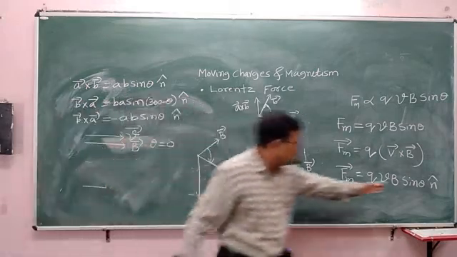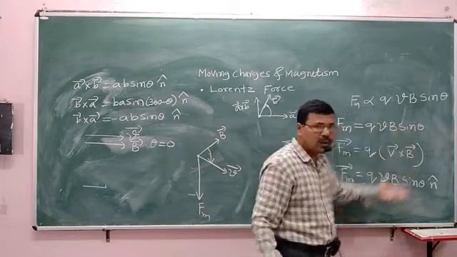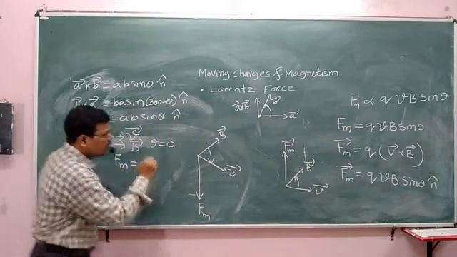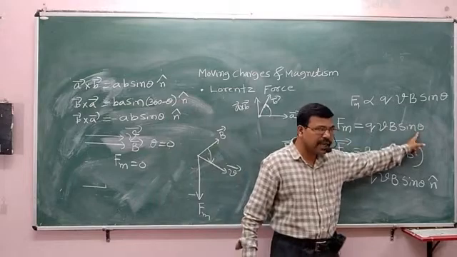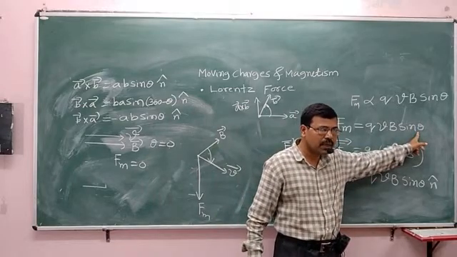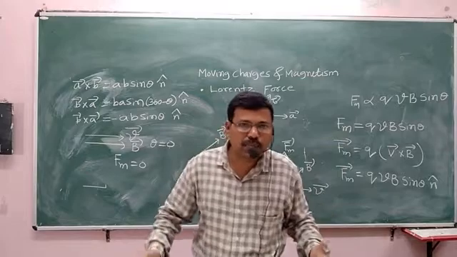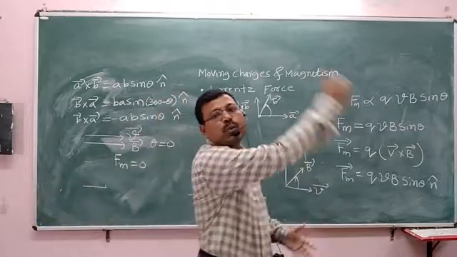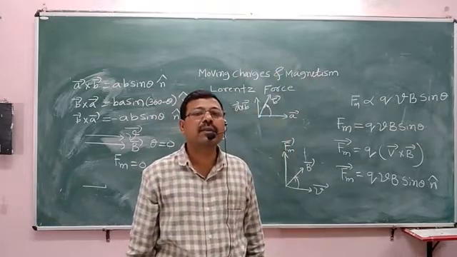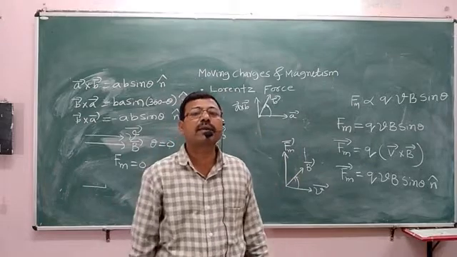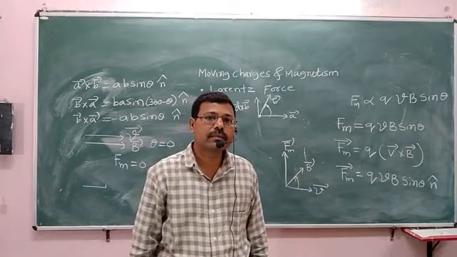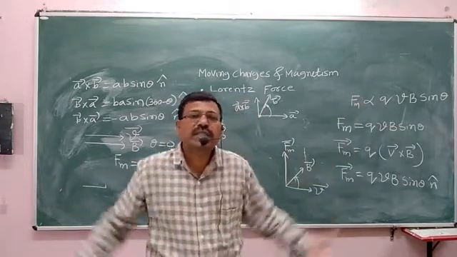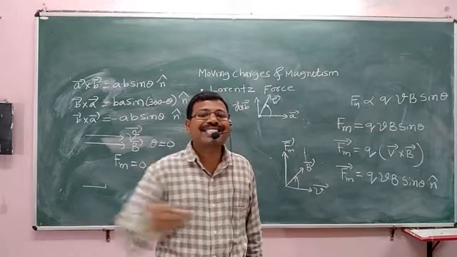If theta is 0, then Fm is 0, because Fm equals QVB sin theta, and sin 0 is 0. That means the charged particle does not experience any force when it is moving along the direction of the magnetic field. It means the charged particle will have a straight line path. What is the nature of the path of the charged particle? Straight line.